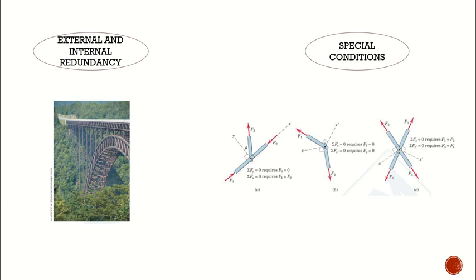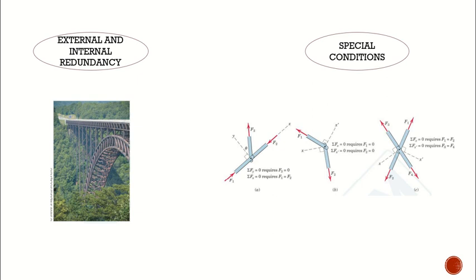For an externally statically determinate truss, there is a determinate relation between the number of members and the number of joints for internal determinacy without redundancy.